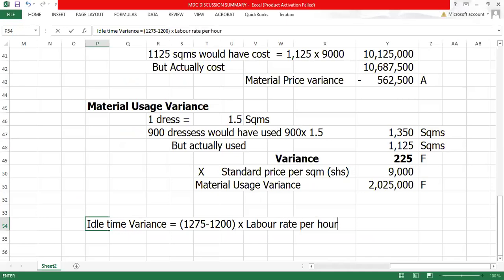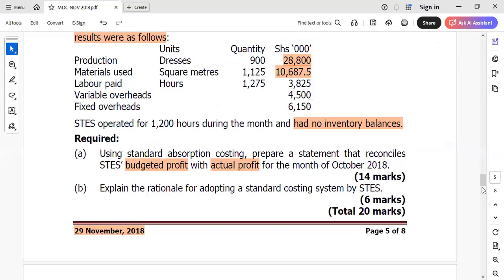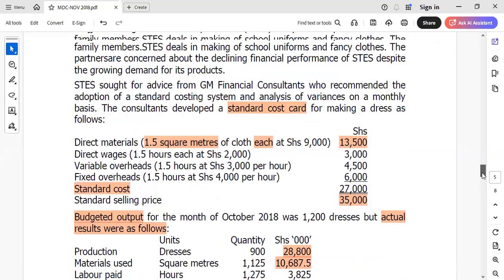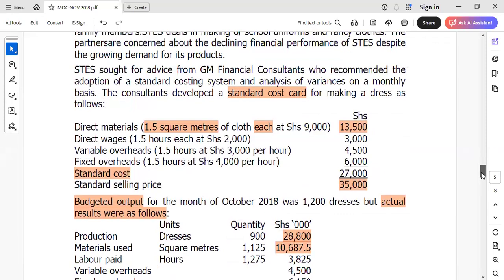Based on this question, how much are you paying per hour? According to the budget.